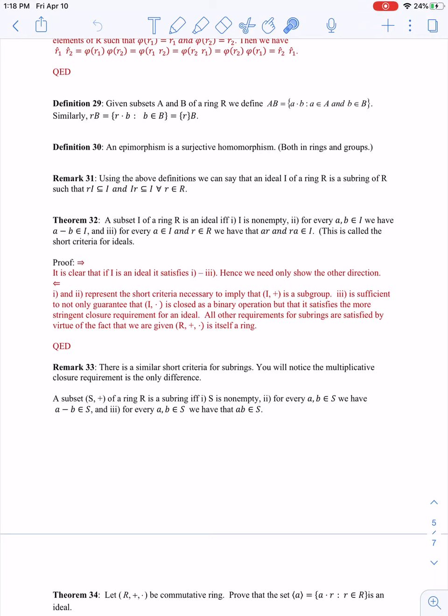In other words, that if I take two things from S and I multiply them, I land back in S. The only difference between the short criteria for subrings and the short criteria for ideals is this last multiplication. For ideals, if I take anything in the ideal and multiply it by anything in R, I have to land back in the ideal. For a subring, it's just if I take two things from my subring and multiply them, I have to land back in S.